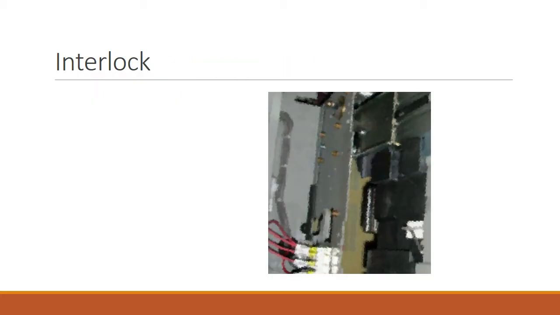So now, after looking at the different components within a switchgear, let us briefly look at the concept of an interlock. Now, mechanical interlocks, which were originally designed for high voltage applications, have been converted for use on medium and low voltage switchgear.